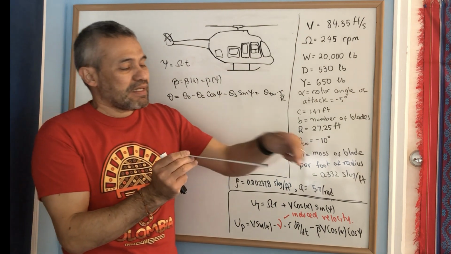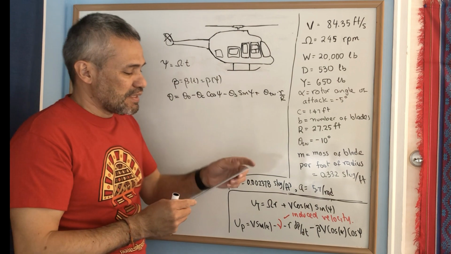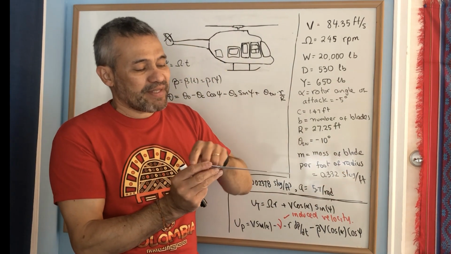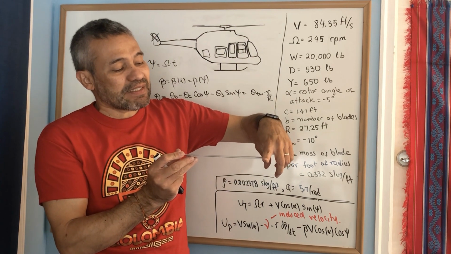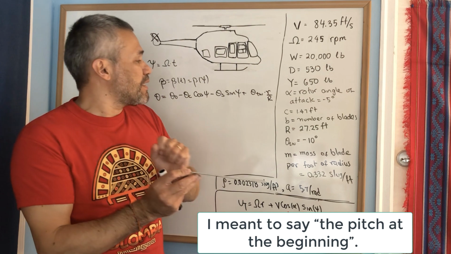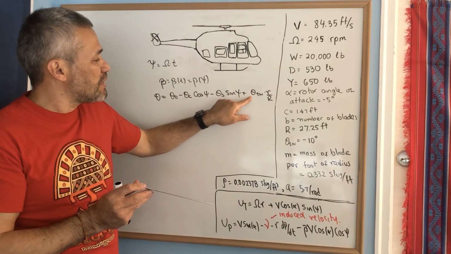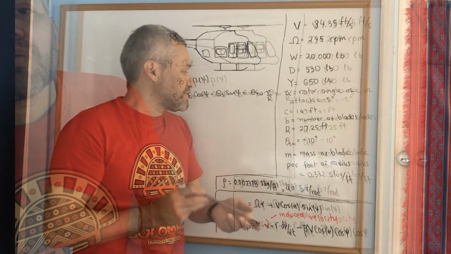Capital R is the radius of the blade, and theta twist is the difference in pitch along the radial part of the blade. For the blade, usually the pitch at the tip is smaller than the pitch at the beginning. That change of pitch is called theta twist. An example of such a value is -10 degrees.